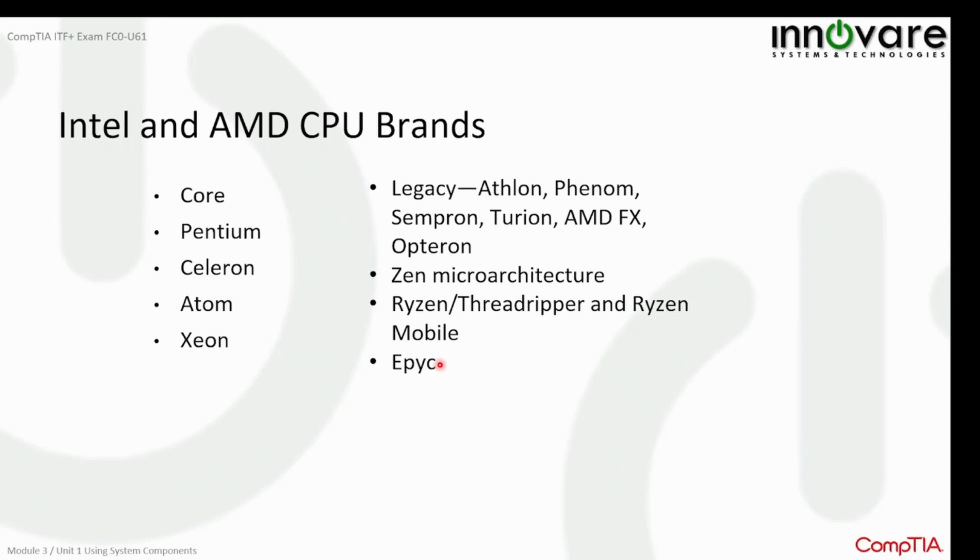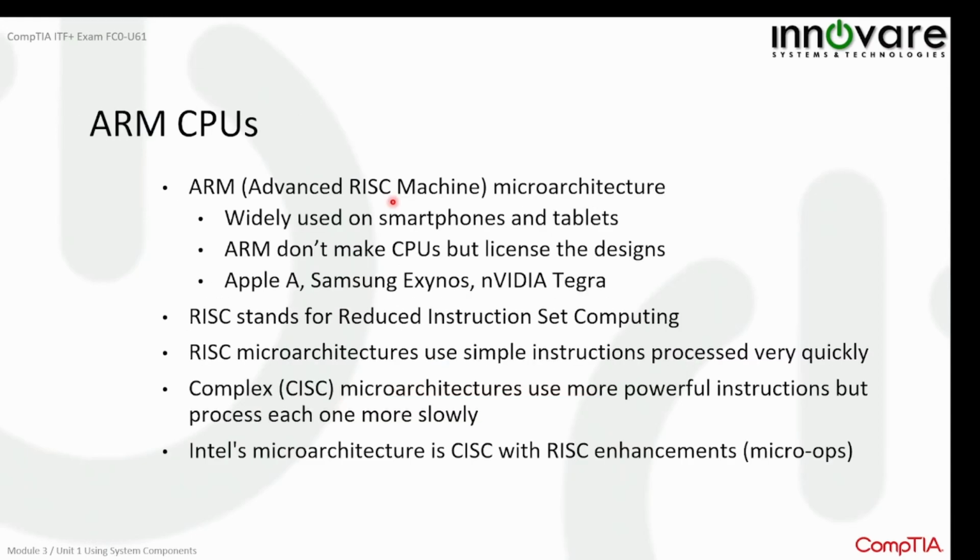And then, meron din tinatawag, guys, system components, yung tinatawag na ARM CPUs. ARM, not literally our arm. It's an acronym, guys. Now, when we say ARM, it stands for Advanced RISC Machine microarchitecture. So ARM, no? Kasi this is another type of processor that can be found in a CPU.